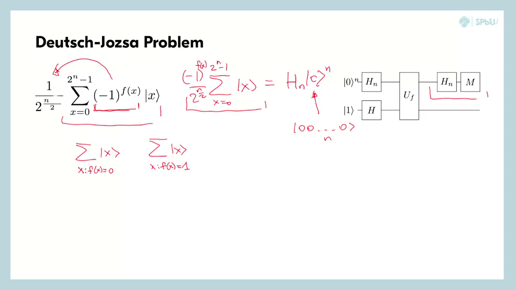And since this minus 1 here, if the function f is 1 equals minus 1, we have to put this minus here. And of course, the coefficient here. Now let us recall the formula for the Hadamard transform.